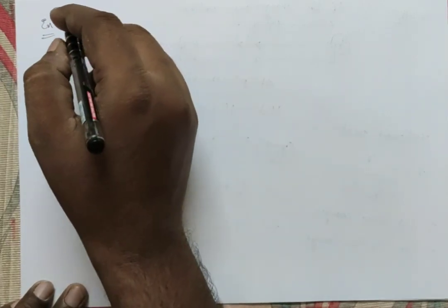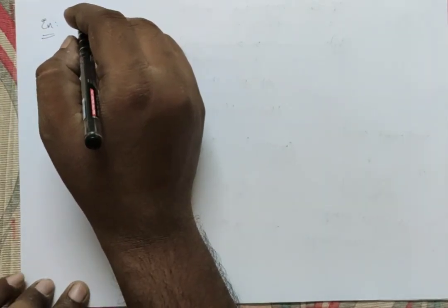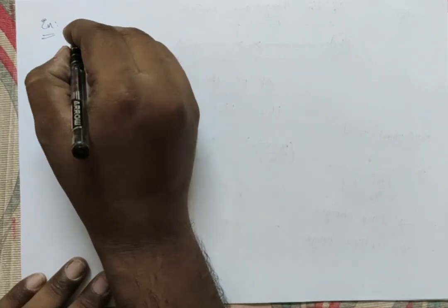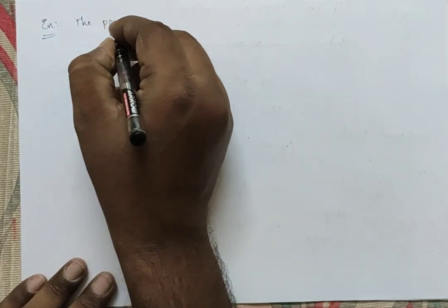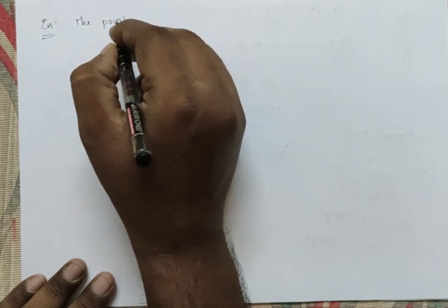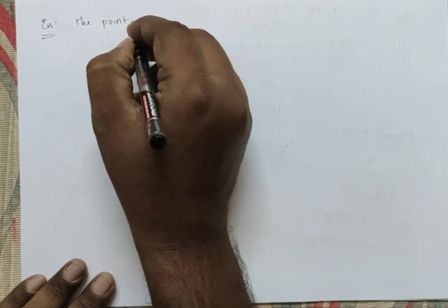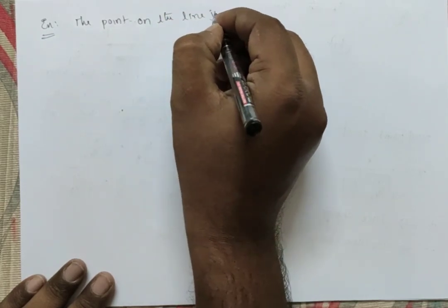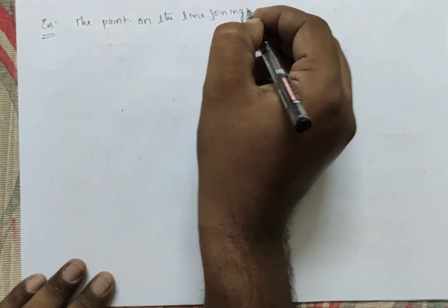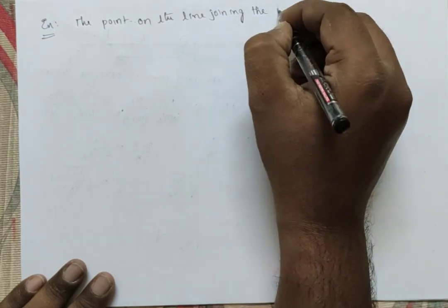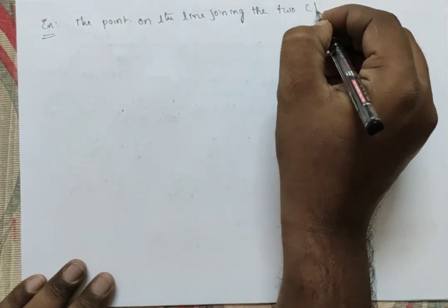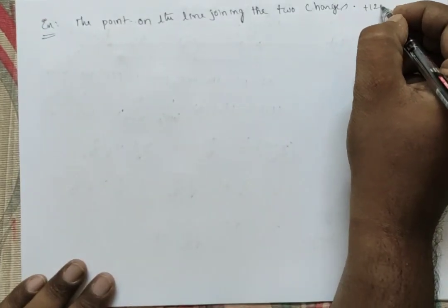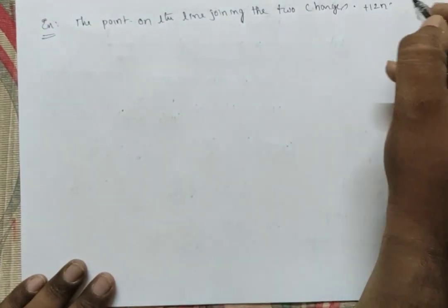Find the point on the line joining the two charges where the resultant field is 0. One is 12 micro or nano, anything you can take.